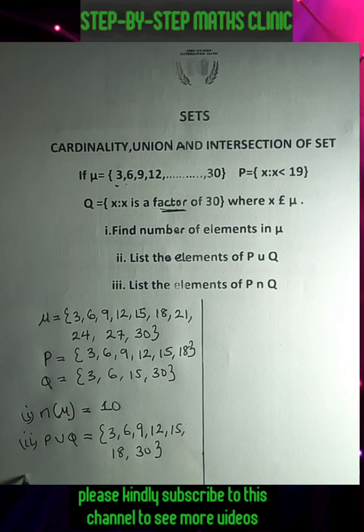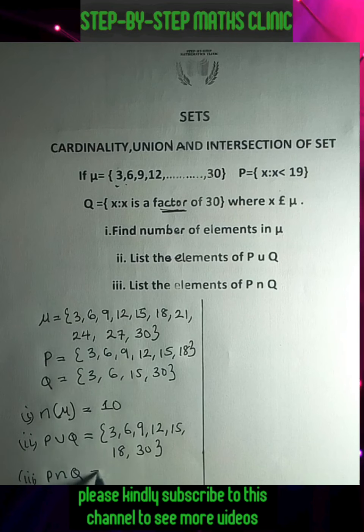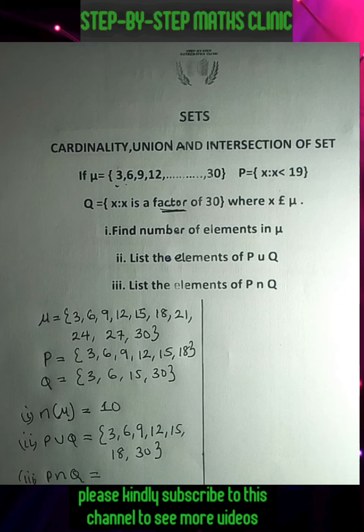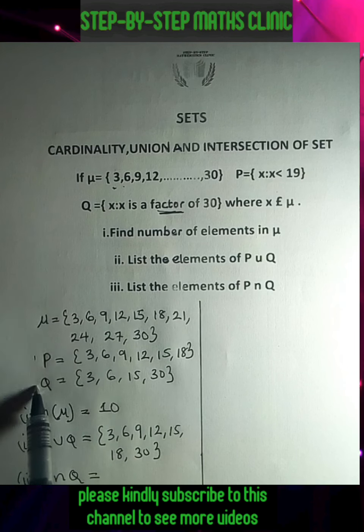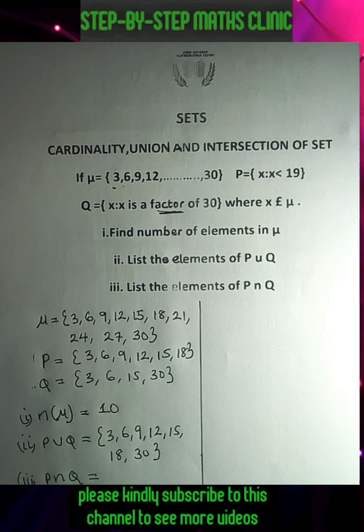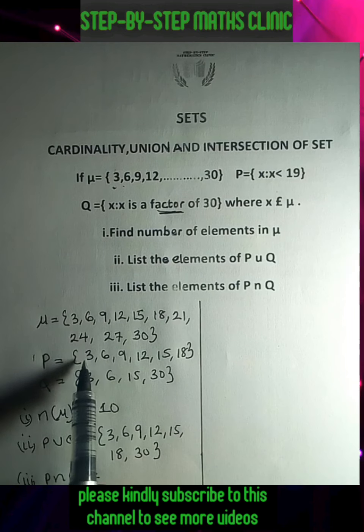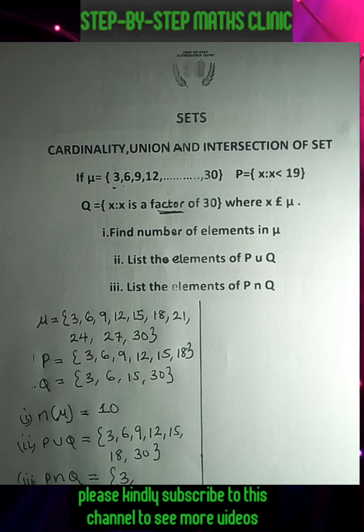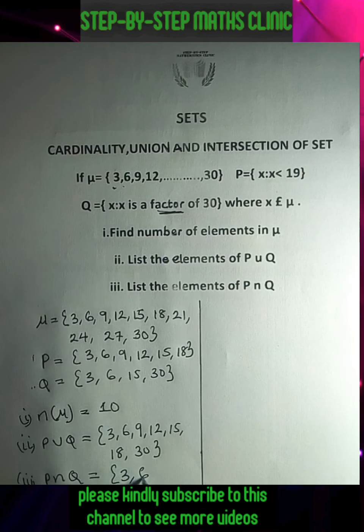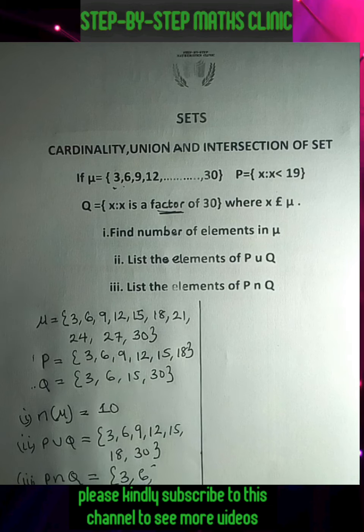Now let's move on to question 3, which is P intersection Q. What do we mean by intersection? We are to list the elements that are present in both sets, P and Q. By observation, 3 is common to both sets, so we write out 3. 6 is also common, and when you study well, 15 is common.